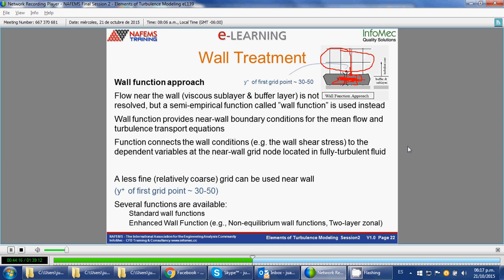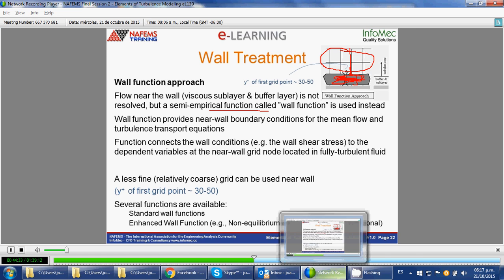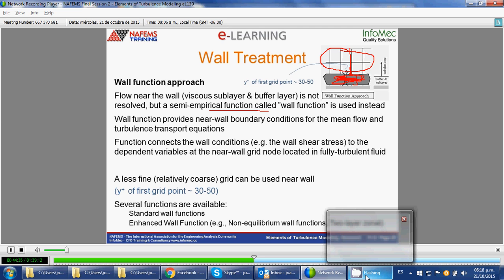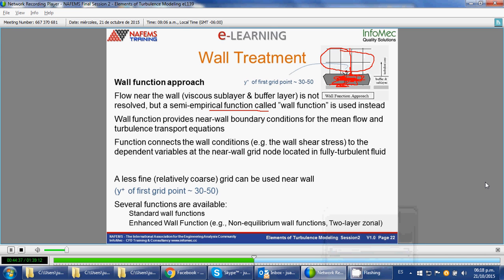In this case, the flow near the wall is not resolved, but a semi-empirical function called a wall function is used for this region. What the function does is connect my wall to the region that I'm interested in.